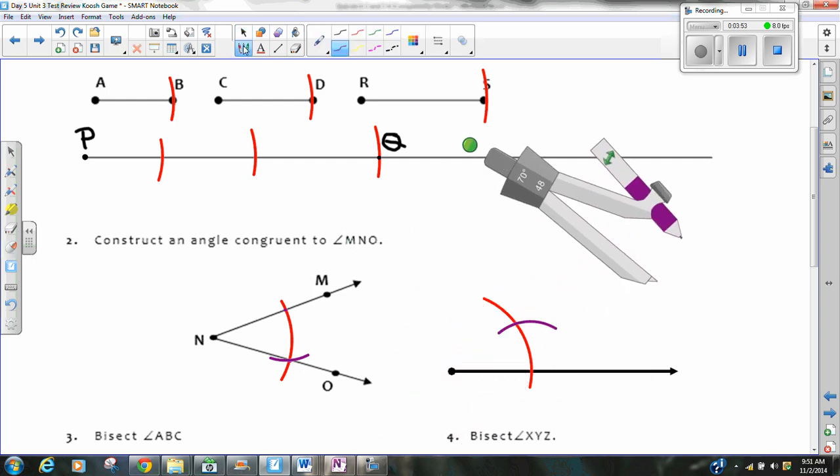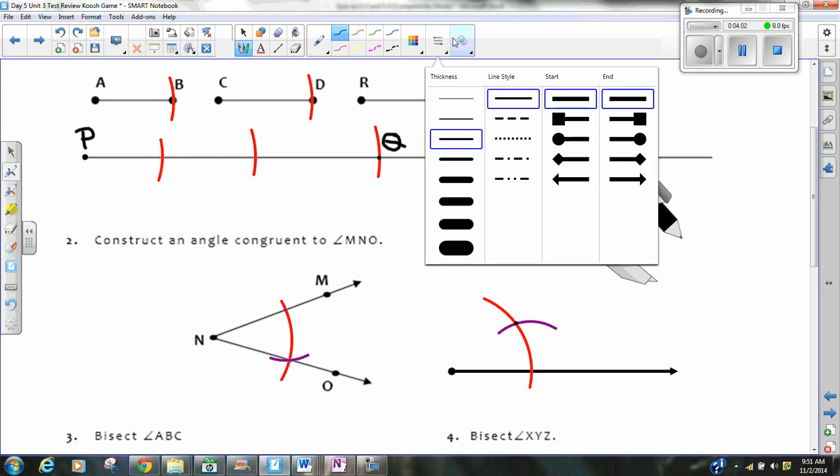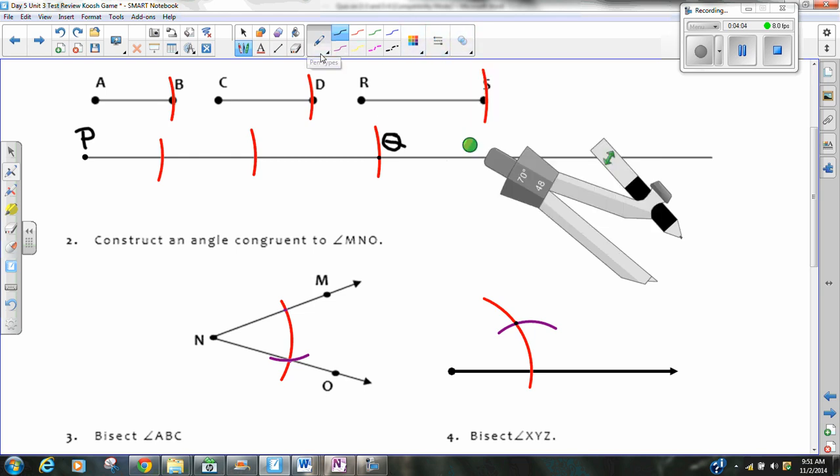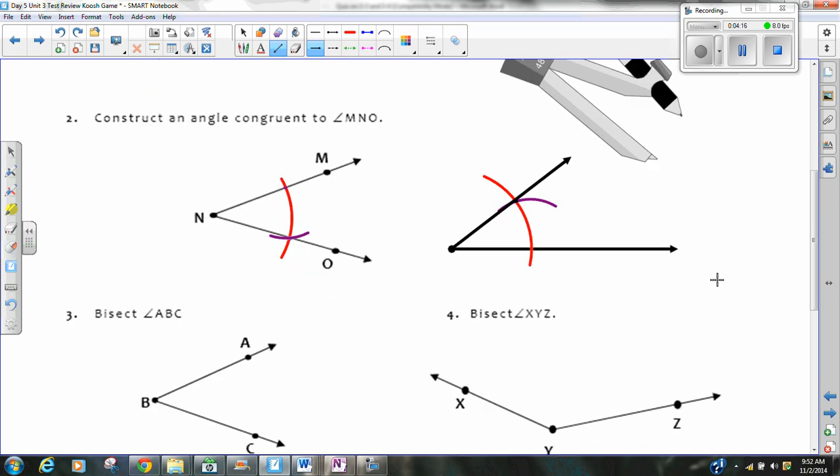That creates a point of intersection right here that I'm then going to take and draw a ray intersecting, and there's the angle congruent to the given angle.